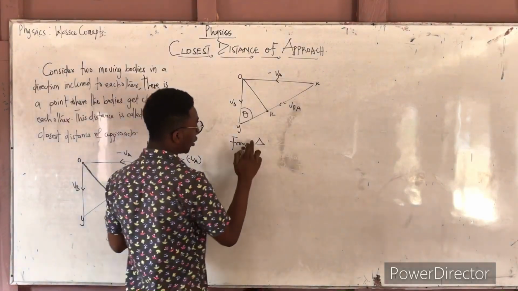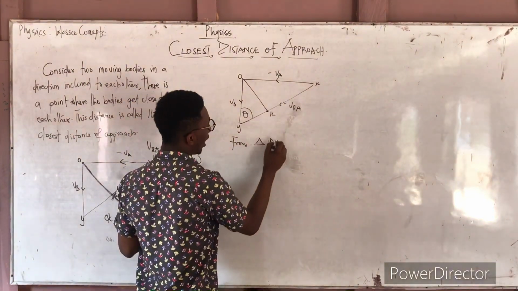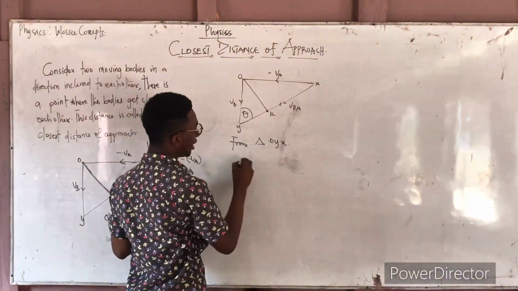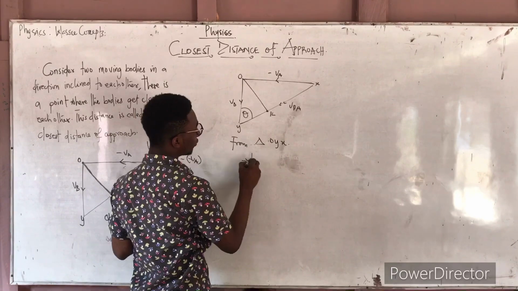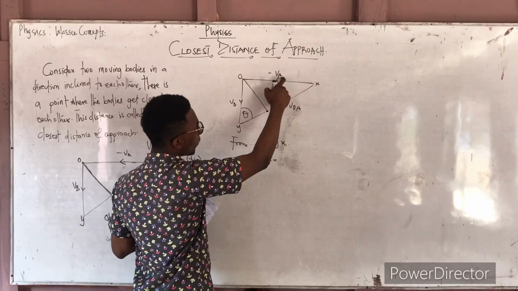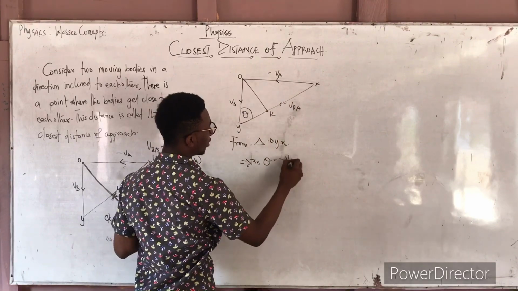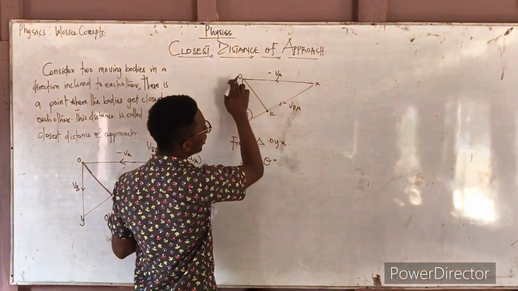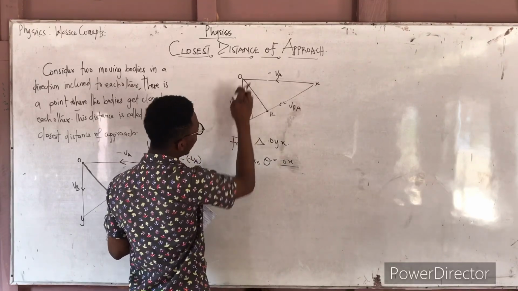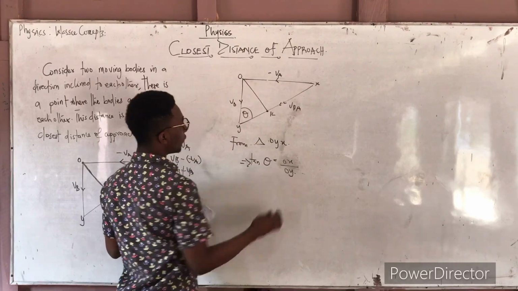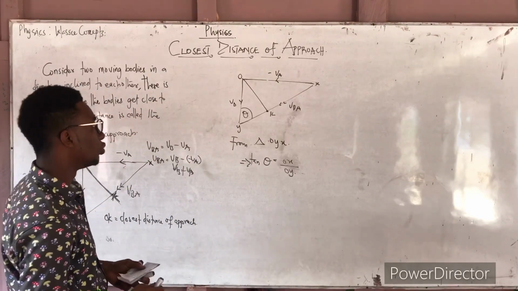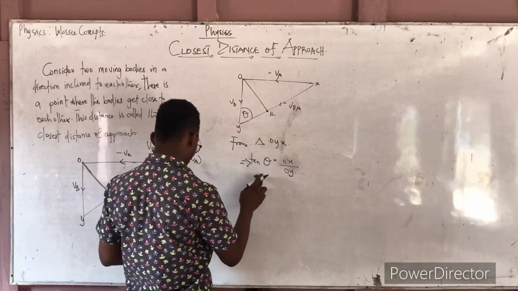From triangle OYX, you can say that tan theta is equal to the opposite here, which is negative VA, but let's use the size, which is the OX, divided by the adjacent, which is the OY.